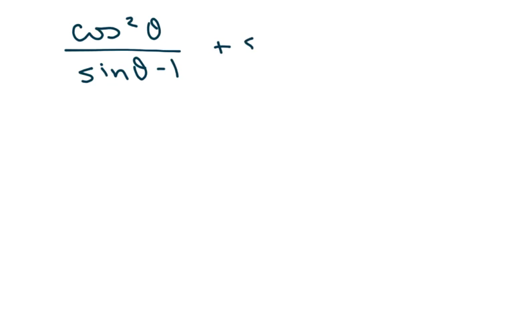We're going to establish the identity of cosine squared of theta over sine of theta minus 1 plus sine of theta equals negative 1.